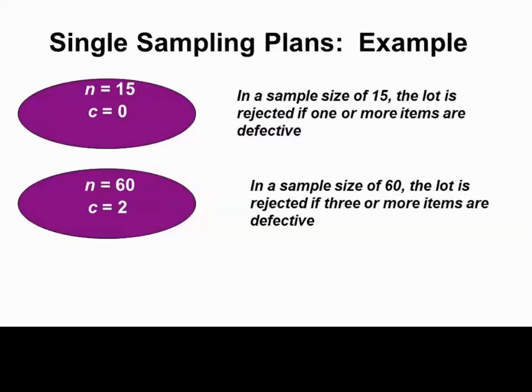Now what about one where n equals 60 and c equals 2? With that plan, you would take a random sample of 60 units, and then you'd begin to assess them. And let's suppose you got all through with all 60 and you've only found one defect, D equals 1.